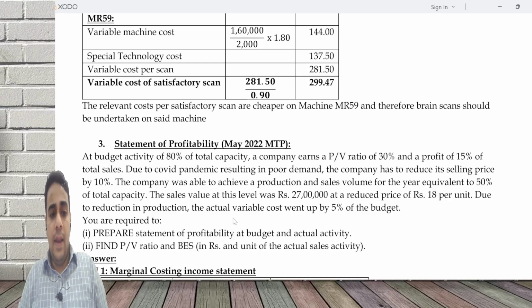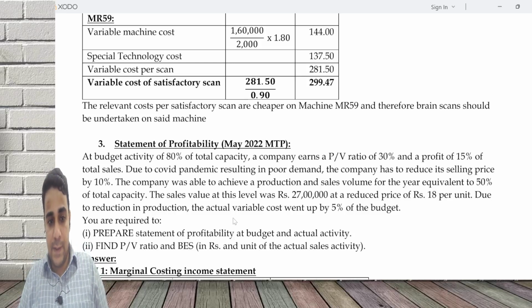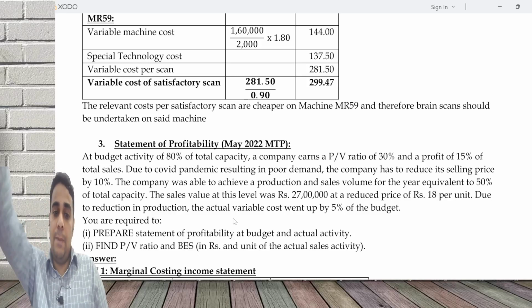At budget activity of 80% of total capacity, a company was earning a PV ratio of 30%, profit of 15%. Due to the pandemic, I had to reduce the price by 10%. I was also able to achieve a production and sales volume of only 50% of the capacity.